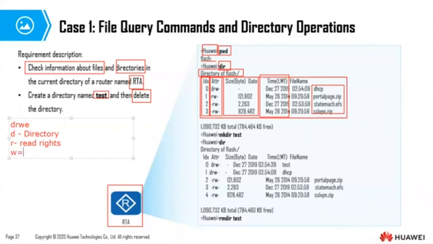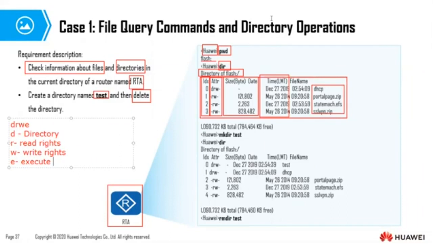W is for write, meaning you can write that particular file. Normally E is for execute. For example, if it's an application, you can execute it. So E is for execute. So please remember that.